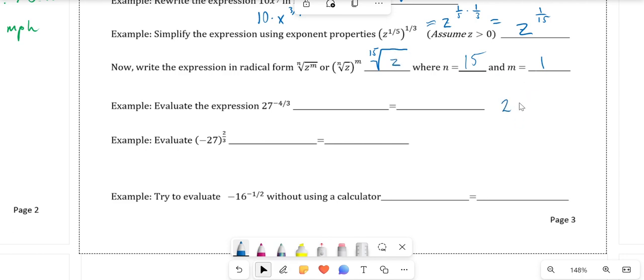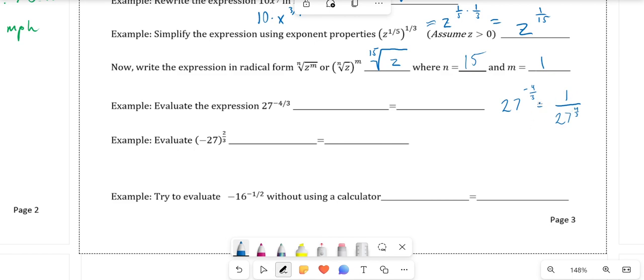If I have 27 to the negative 4/3, this is 1 over 27 to the 4/3. Remember, the negative sign moves it either from the top of a fraction to the bottom, or from the bottom to the top. It changes its place in the quotient.